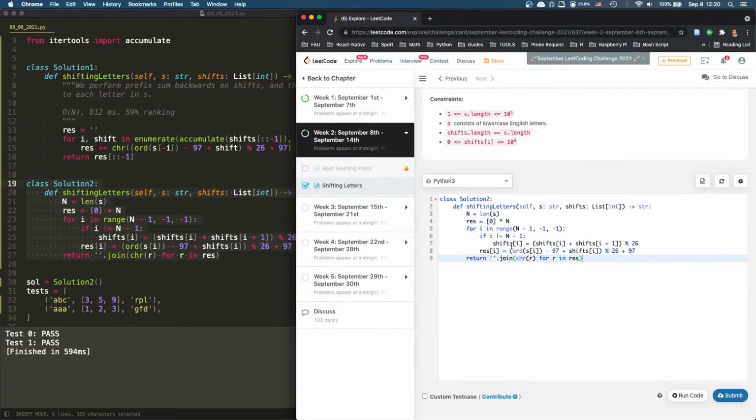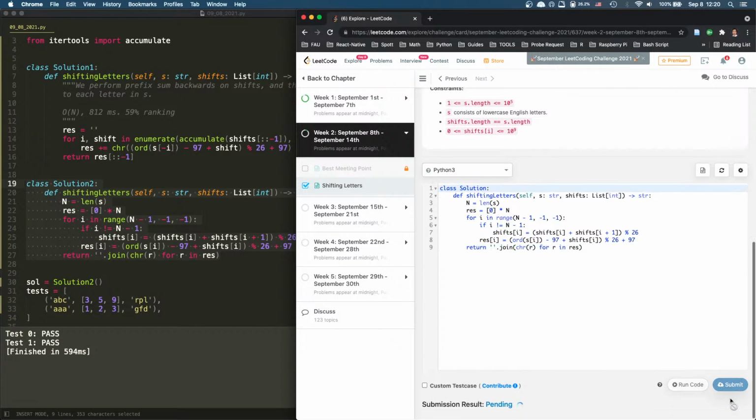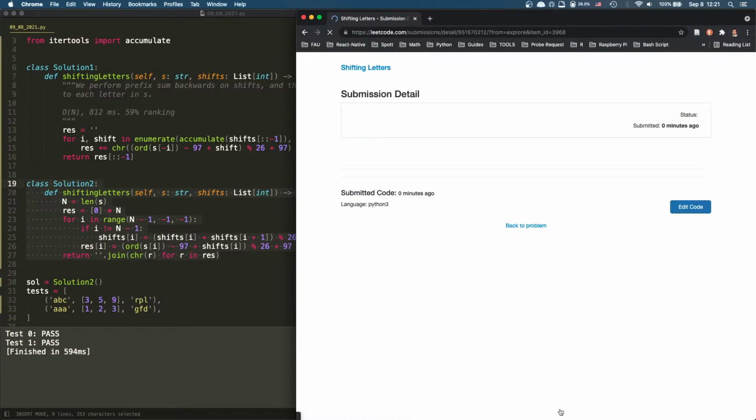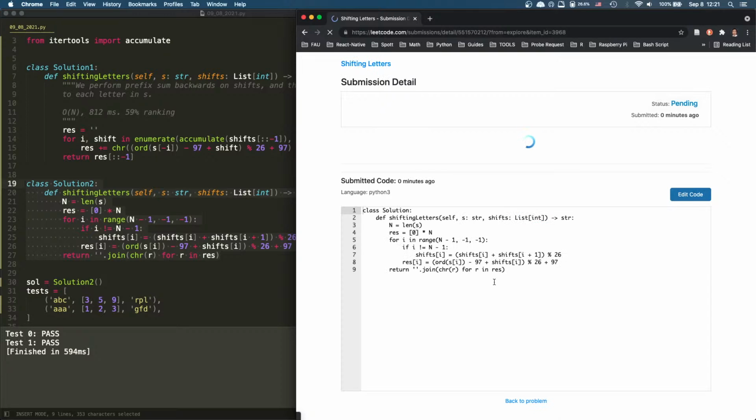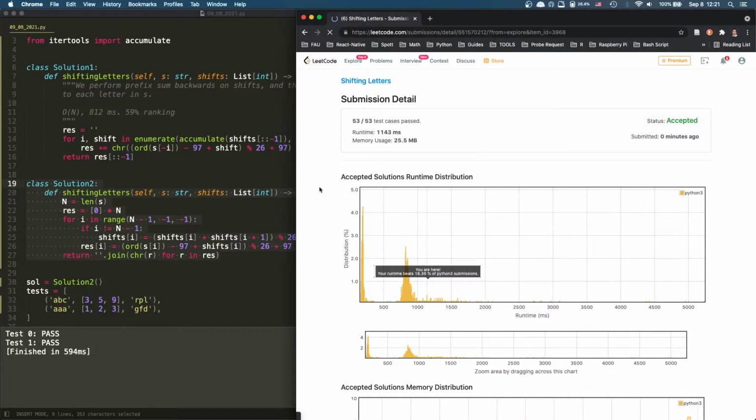Alright, let's try this one. See if this one works any faster. Pending, judging. I don't think so. I think it's about the same. Yeah, it's actually slower.